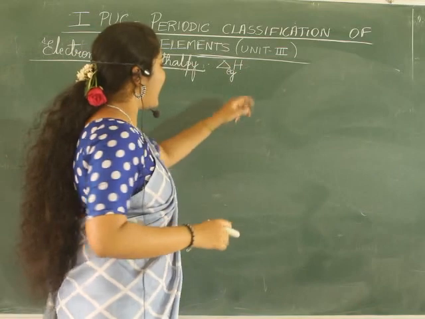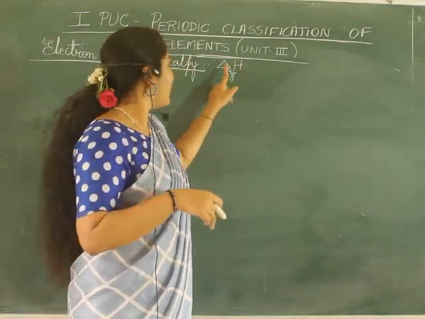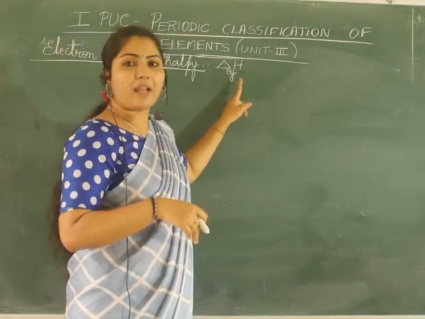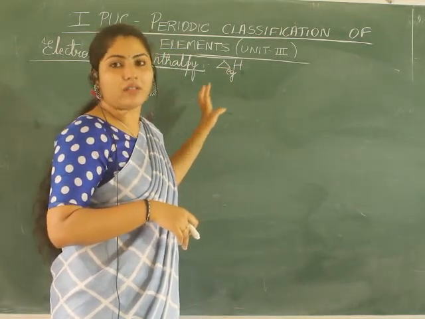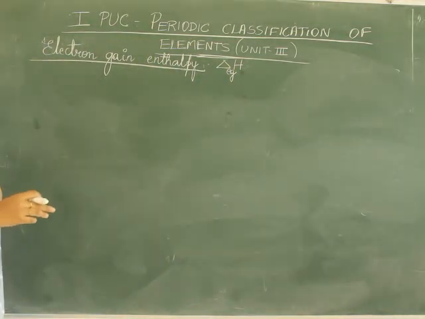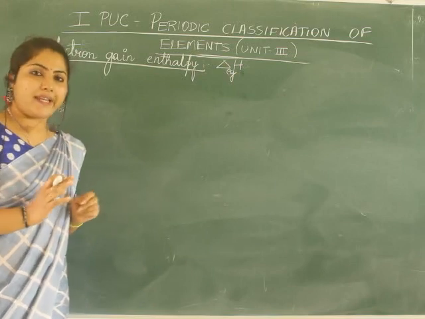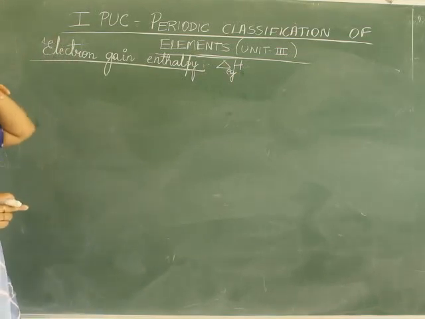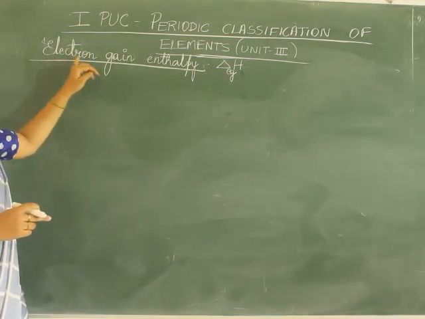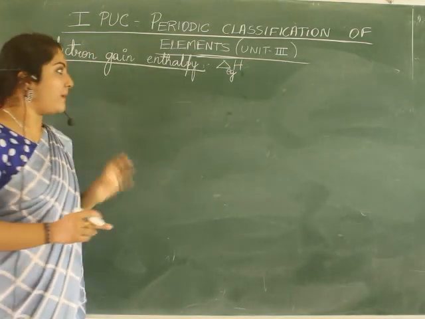That means enthalpy is usually denoted as capital H. So change in enthalpy, Eg means electron gain. So electron gain enthalpy. Enthalpy, I have told you, is something related to energy, usually heat changes we say. Here, gaining of electron, you see, electron gain enthalpy.